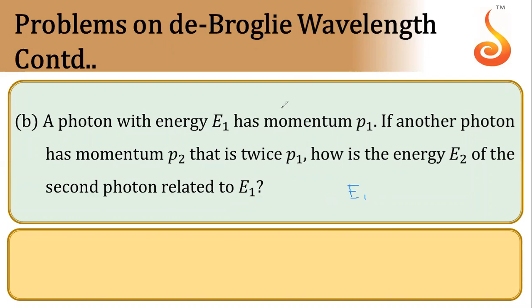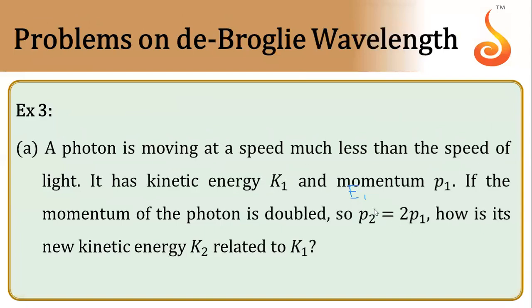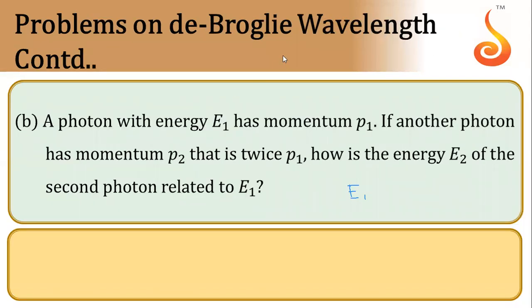The difference here is that in the previous case it was a particle, so that's why we were using those formulas. Here it is a photon, so for a photon the formula is different. Energy is equal to the product of momentum and speed of light, or if you remember the formula in this form, momentum is E by c.